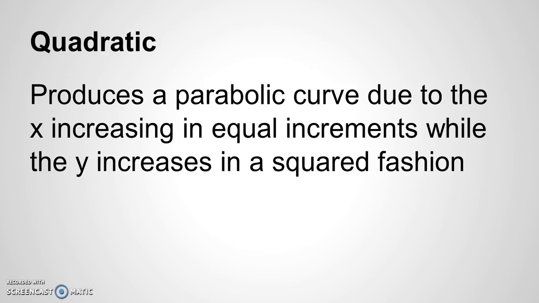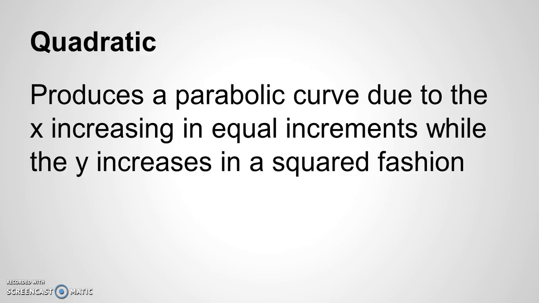Another type is the quadratic relationship. It produces a parabolic curve due to x increasing in equal increments, while the y increases in a squared fashion. You will find that this relationship is described in your text as y equals ax squared plus bx plus c.